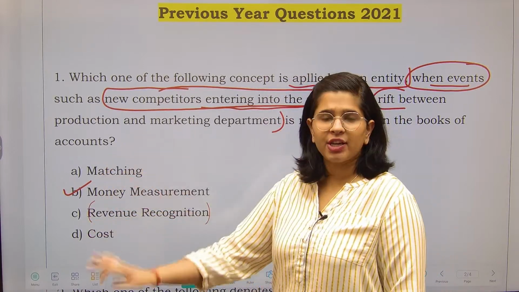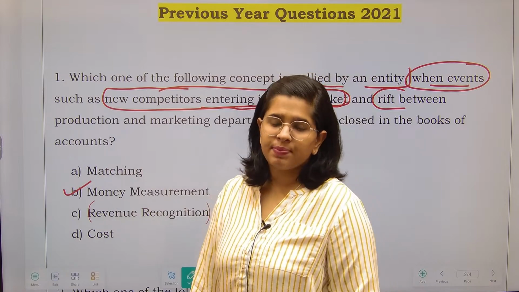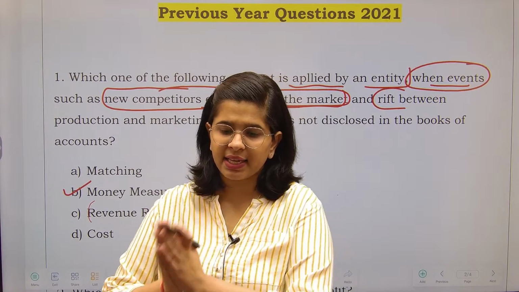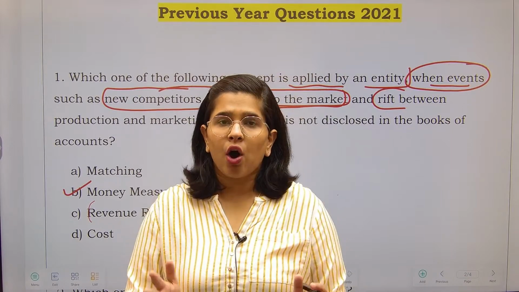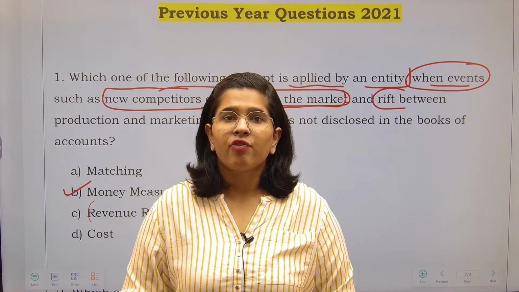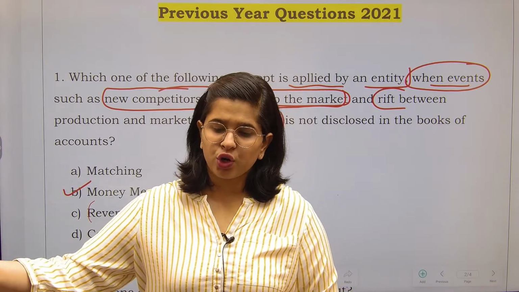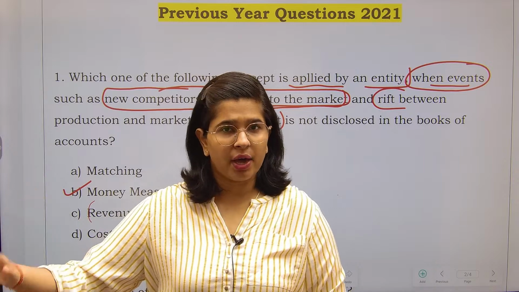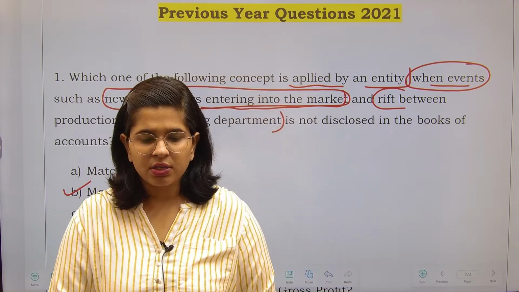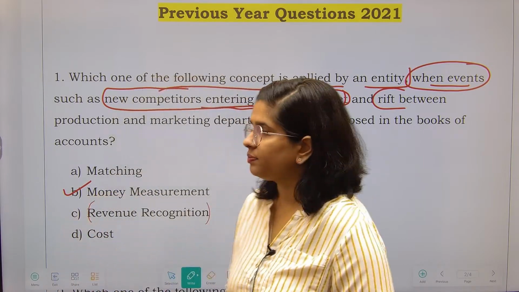And then we have the matching concept. The matching concept says that your expenses as well as incomes belonging to a certain year should be recorded in that year. For every expense, the revenue should also be recorded side by side, and for every revenue, the cost should also be recorded side by side. So this was our question number 1.